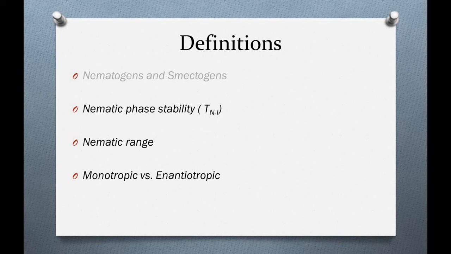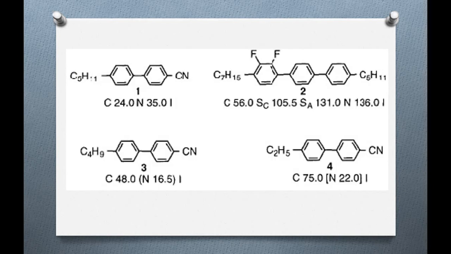So we will talk about these different kinds, based on the phase stability and melting point of the material, and in that line the materials are classified in two classes, monotropic and enantiotropic. So let us talk about these two types of liquid crystals with some examples.